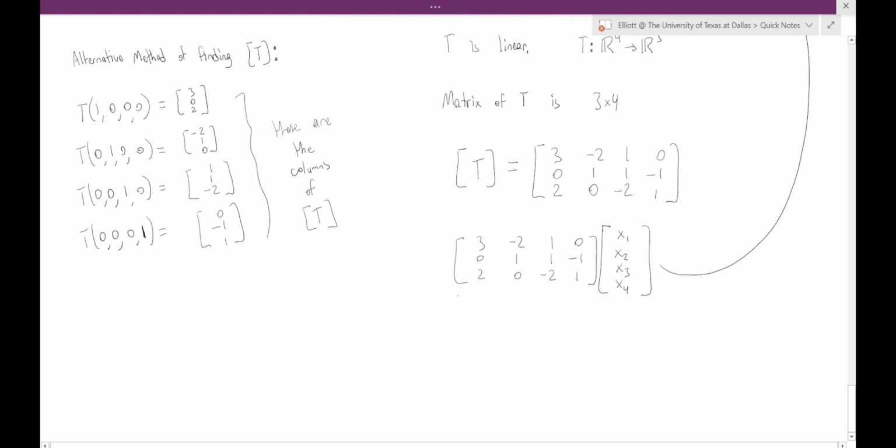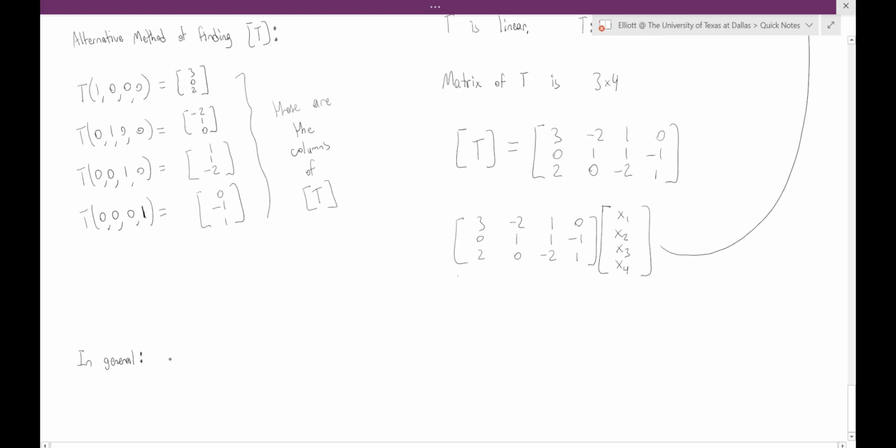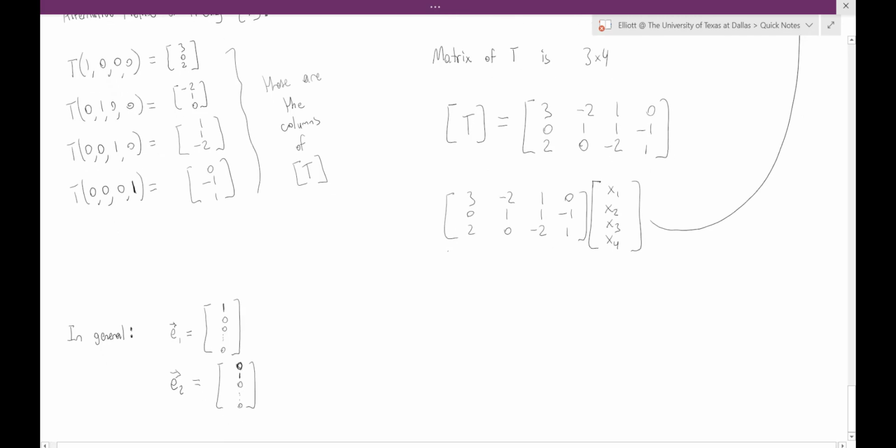In general, if we let E1 denote the vector that has 1 in the first component and then zeros everywhere else, E2 is the vector that has 1 in the second component and zeros everywhere else, and so forth.